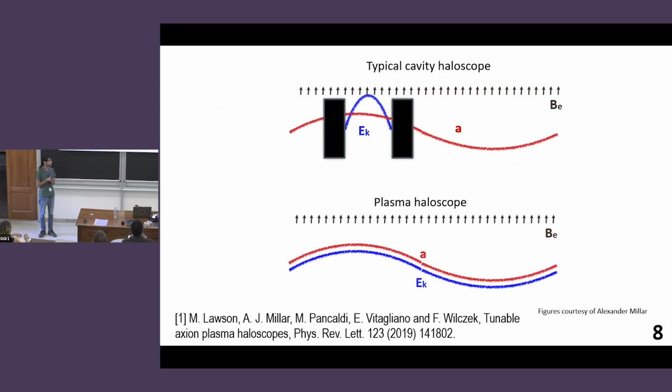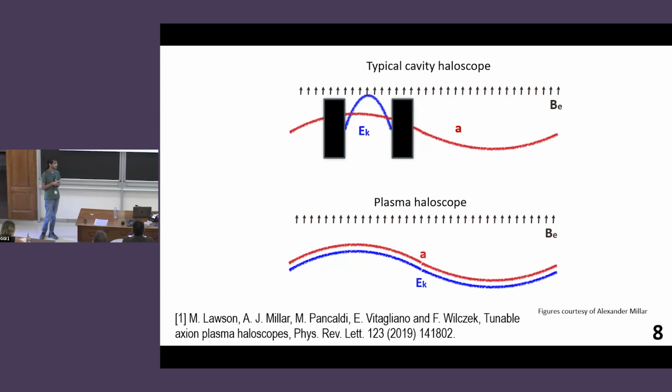Based on the volume, unless some specific tuning scheme is used, like a rotating rod or something, it's very difficult to extend the principle of cavity haloscopes to tens of gigahertz, because the size of the cavity itself becomes very small and the sensitivity falls as well.